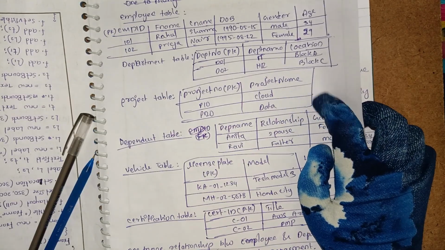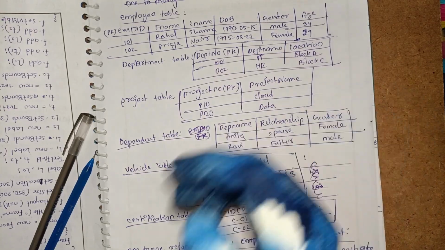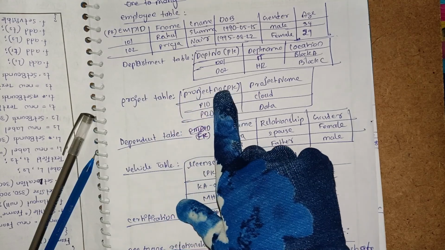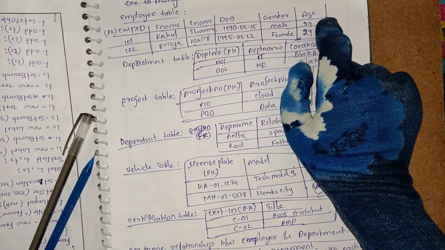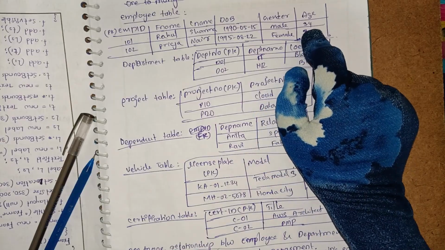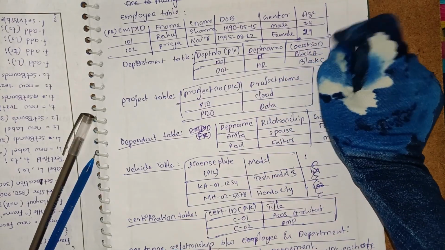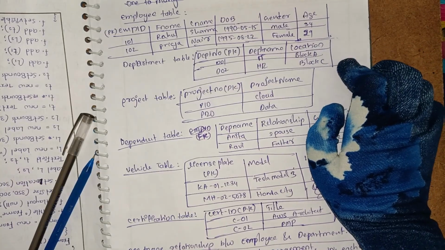So in the first example that I have said, that is project number as a foreign key, we are placing it in the employee table. So here we can repeat the project number column values, like P10, P20, P20, like that.